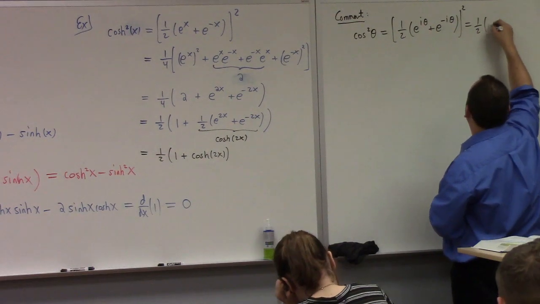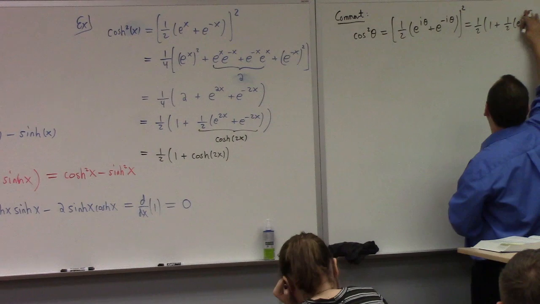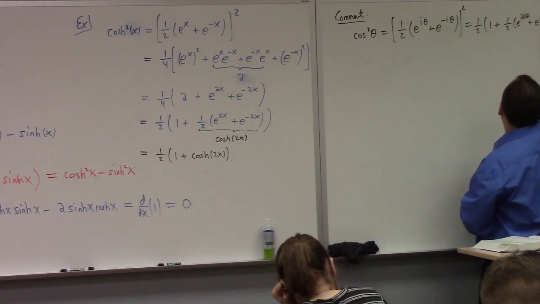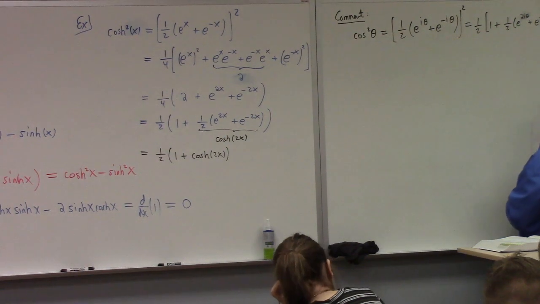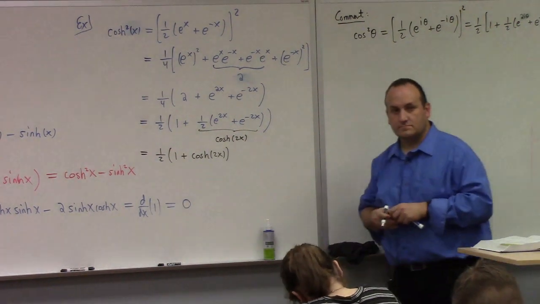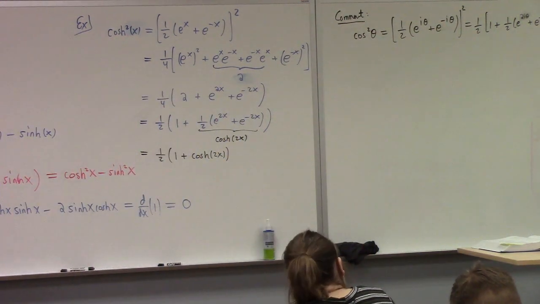You get 1/2 of 1 plus 1/2 of e to the 2i theta plus e to the minus 2i theta, which of course is 1/2 of 1 plus cosine 2 theta. There's a beautiful analogy to be seen here.